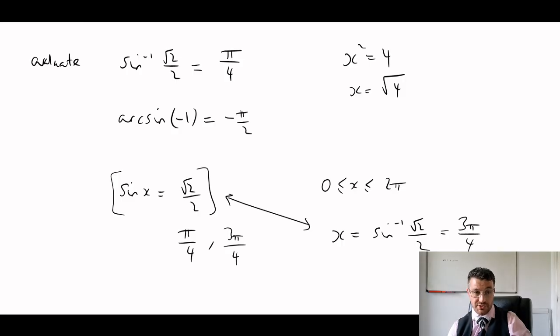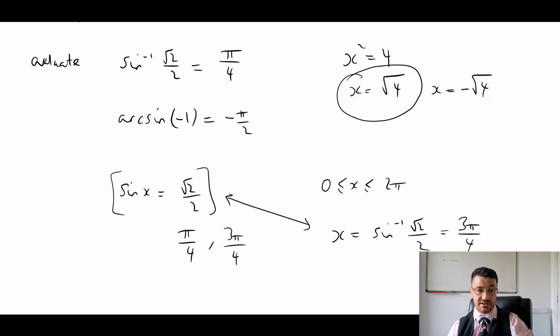The x equals the positive square root of 4 is one of the solutions to x squared equals 4, but there's also another solution, x equals minus the square root of 4. So it depends which restriction I'm placing on the original function x squared. If I restrict to positive values of x, and talk about the inverse function of x squared, which is the square root of x, then x equals the square root of 4 is the corresponding solution.